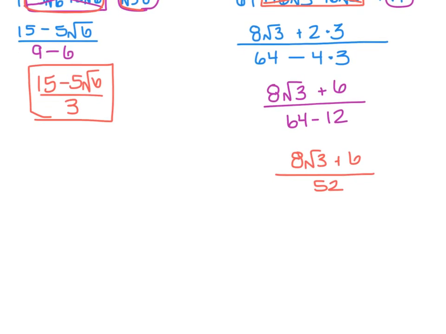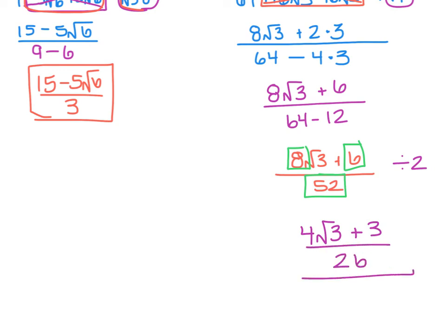Now, technically, this is the right answer, but if you look at all of the coefficients or constants, so anything not inside of a root, you will notice that 8, 6, and 52 are all divisible by 2. So we can simplify this by dividing each term not in a root by 2. So this becomes 4 square roots of 3 plus 3 all over 26.